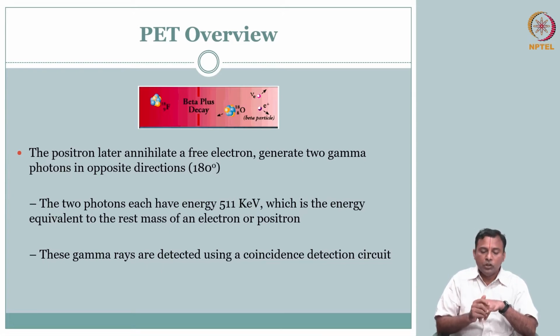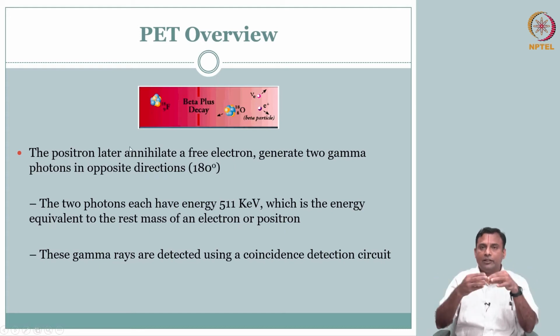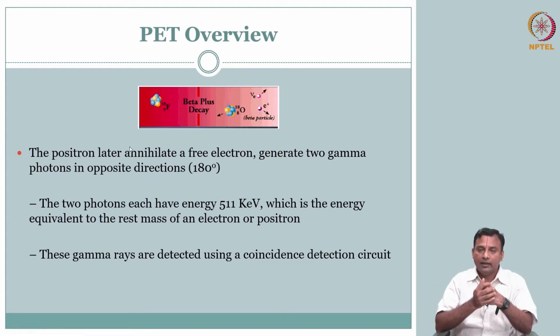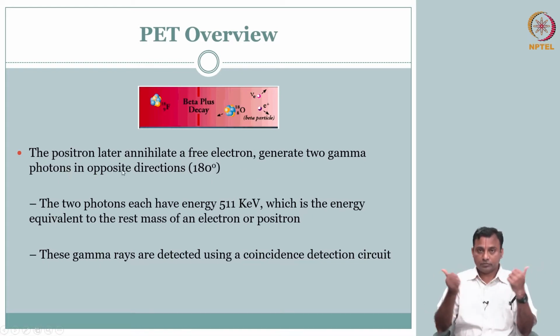So PET, recall that here you have a positron. We give the radioactivity and then there is this positron decay, or beta plus decay, but we are not really imaging or capturing the positron. What happens is this positron annihilates when it moves and interacts with a free electron, and therefore you get two gamma photons.